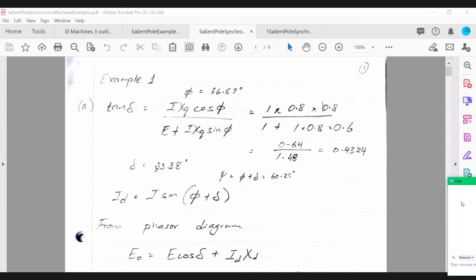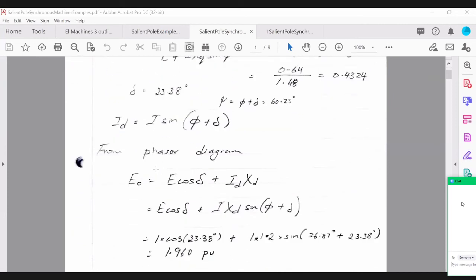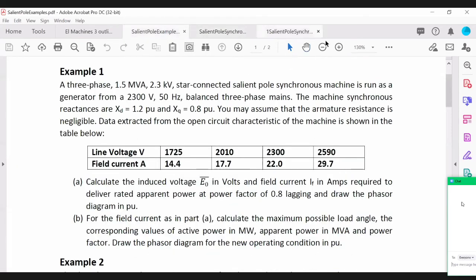Once you've determined delta, you can now write the equation for E naught. So if we look at the phasor diagram, one second.